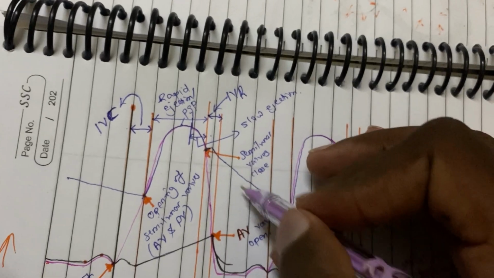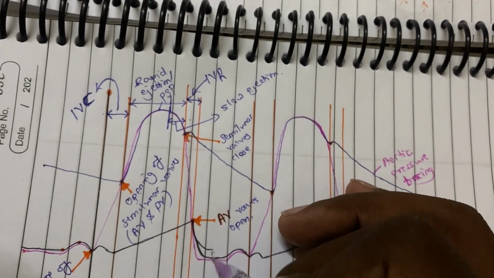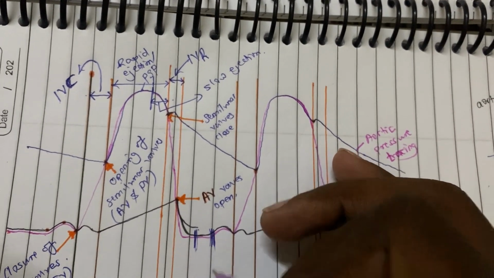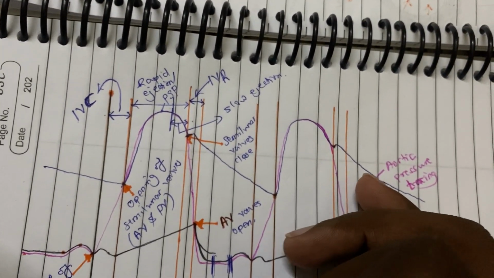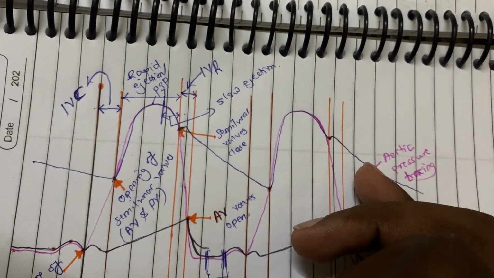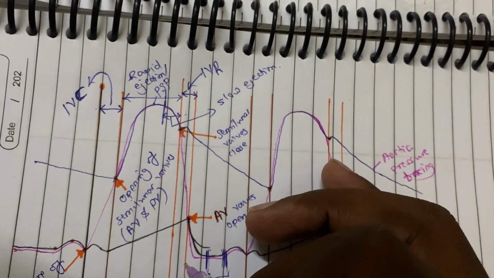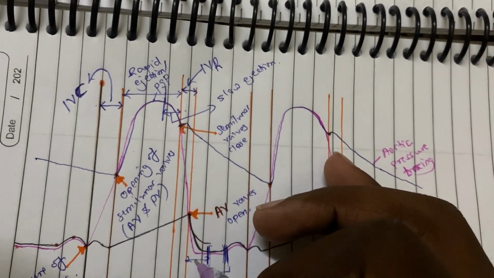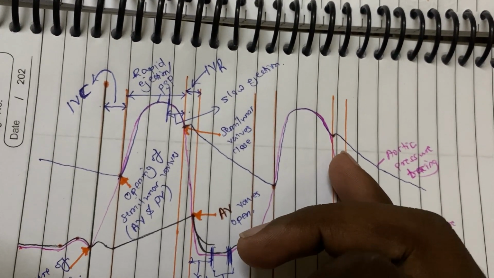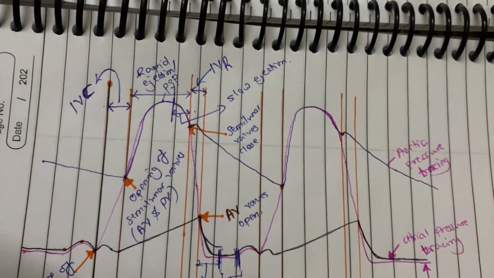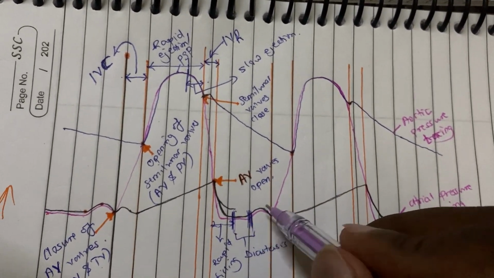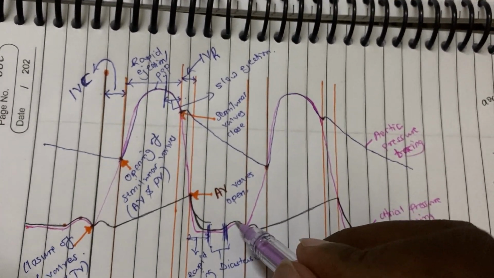Rapid filling happens up to about this point, and then slow filling up to this point. We call this one diastasis, and from here to here is the rapid filling. That's what we said: rapid filling, diastasis, atrial kick here.